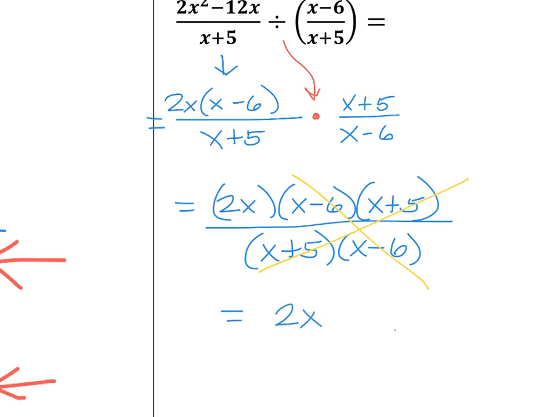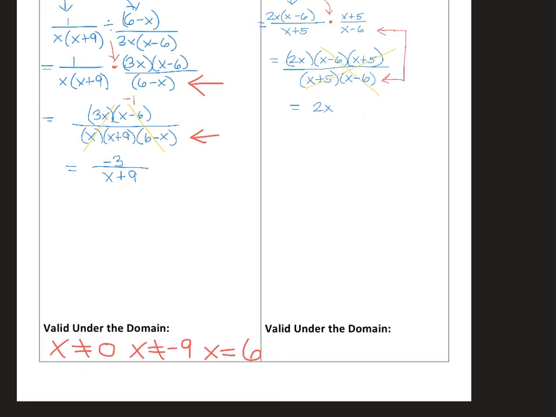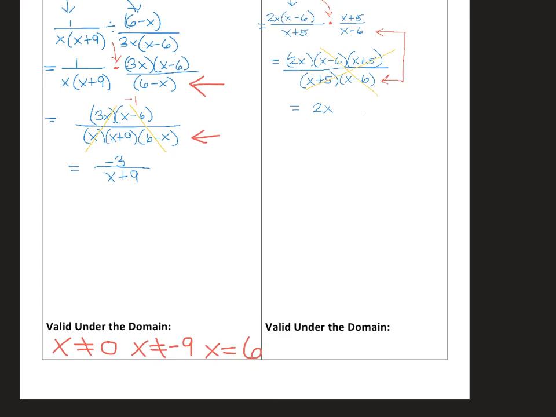So what rows are we looking at to determine our valid domain, either here or here? So we can see that we would have to exclude x equals negative 5, and we have to exclude x equals positive 6.